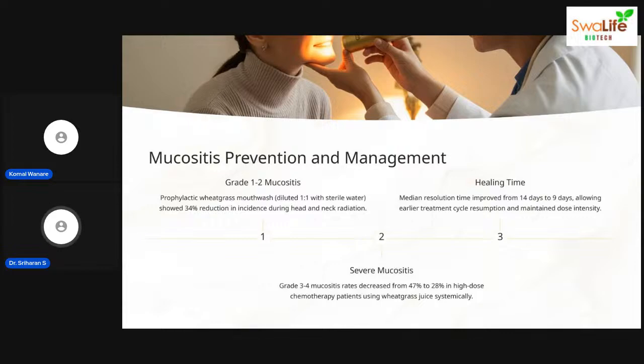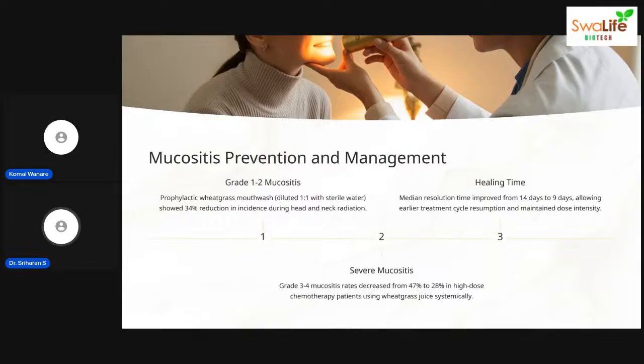They classify it into two groups: mild to moderate, and severe mucositis, which is grade 3 to 4. While giving wheatgrass, the healing time gradually decreases and becomes very short.